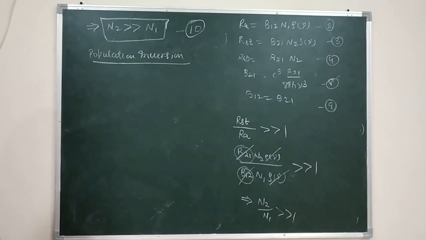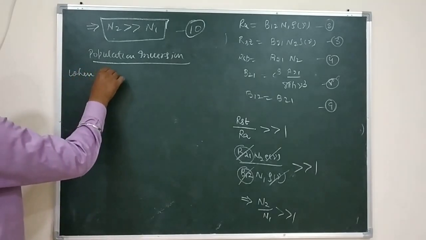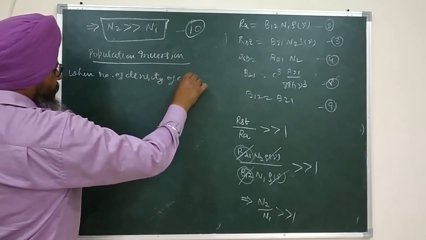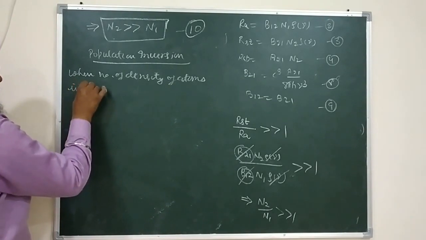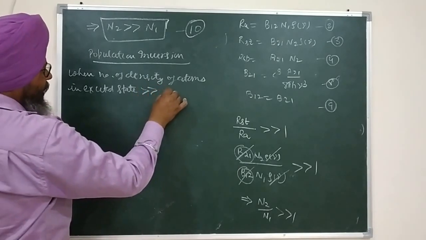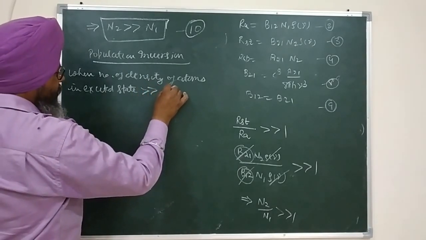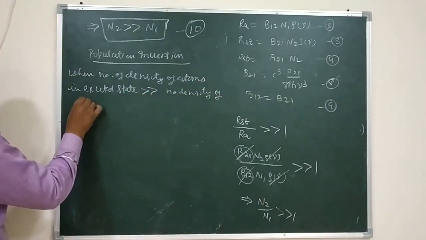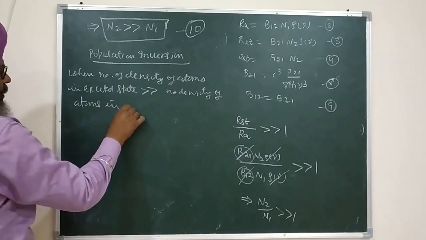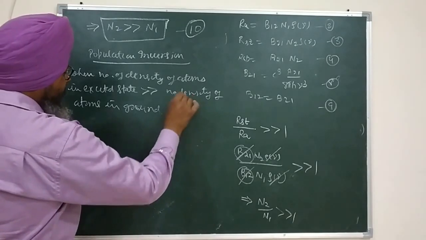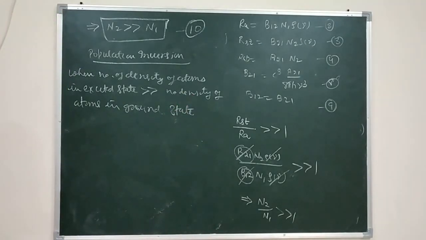So what is population inversion? When the number density of atoms in the excited state is much greater than the number density of atoms in the ground state, then such a state of the material is called the state of population inversion.